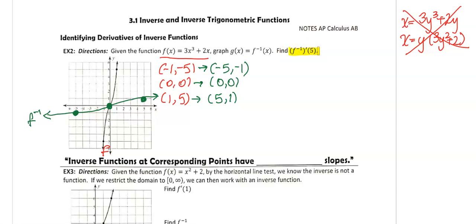So to do that, I'm going to look at this value 5. On the inverse, this is the x value of the inverse. Well, that really means it's the y value on the function.